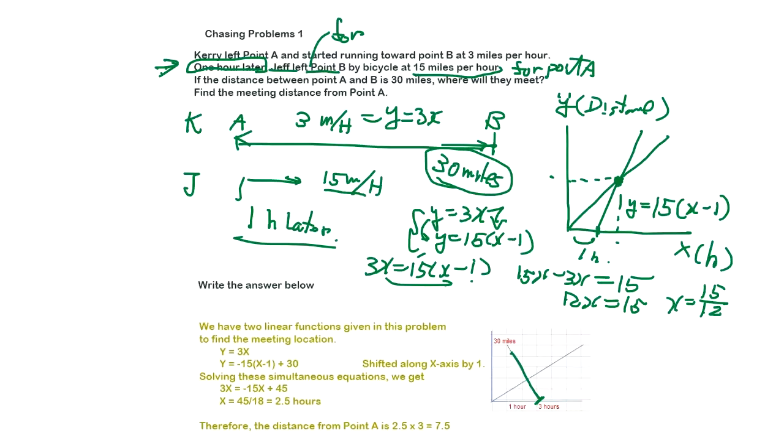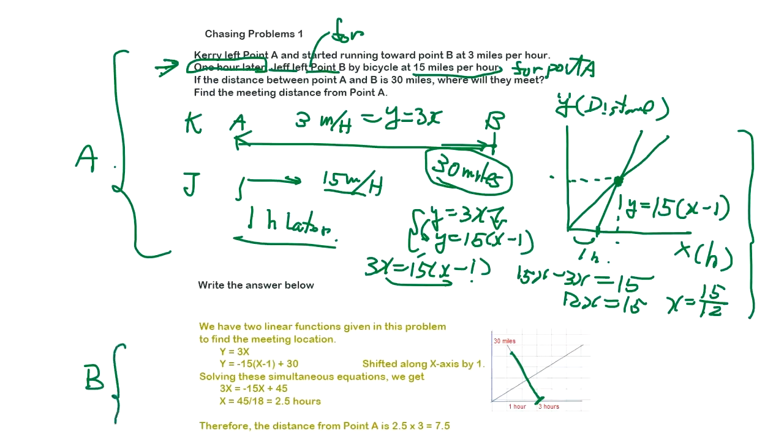Okay, so we're solving two problems now. There's ambiguity in the question. If Jerry left from the same point A, then this is correct. If Jerry left B for A, then this is going to be the correct answer, because the graph for Jerry starts from here and the slope is going to be negative 15.